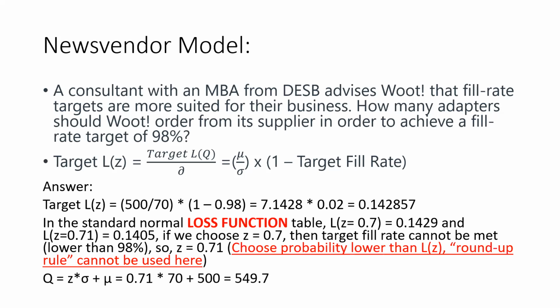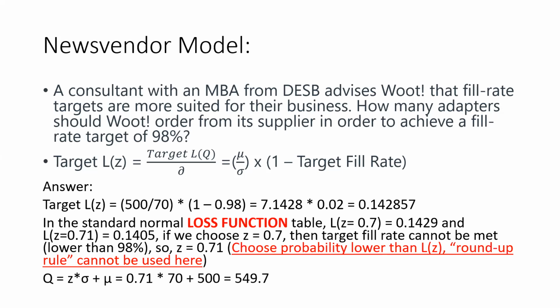If the probability you find in the table exceeds 0.1429, then you cannot reach your target fail rate. Your target fail rate is going to go down.